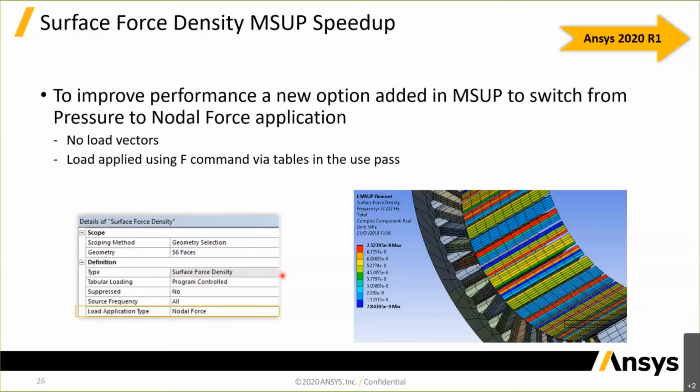I mentioned before that there were options for object-based force calculations, so we could have each tooth calculate a single force, or we can do element-based mapping, where we take the force densities in our magnetic solution and map those force densities to the structural mesh. And this update makes the mapping process and then the solution incredibly efficient.